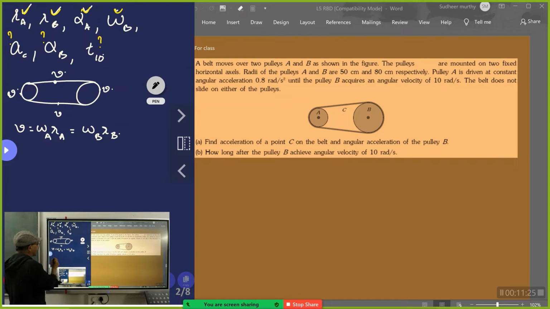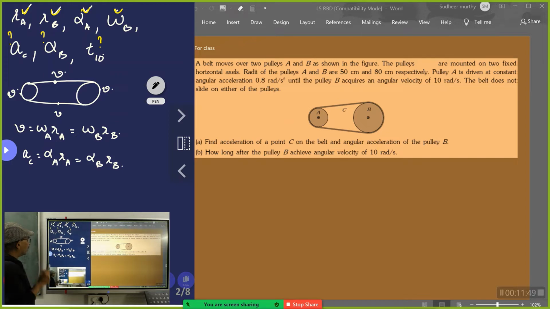Now, if you differentiate this equation, you will straight away get the acceleration of the belt, and you will get alpha A Ra is equal to alpha B Rb. I suppose you understood this. d omega by dt is this, right? So you straight away get all these equations.